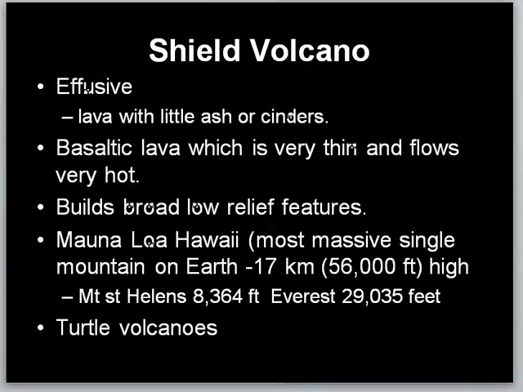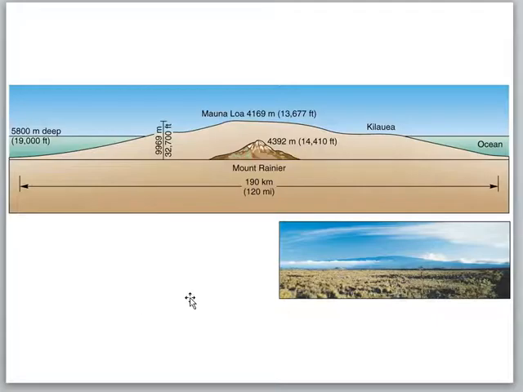So Mauna Loa in Hawaii is probably considered the largest mountain on Earth. If you put Mount Rainier beside Mauna Loa, Mauna Loa is way bigger. But only a part of it sticks out of the ocean. And so here's kind of that low relief with Mauna Loa.